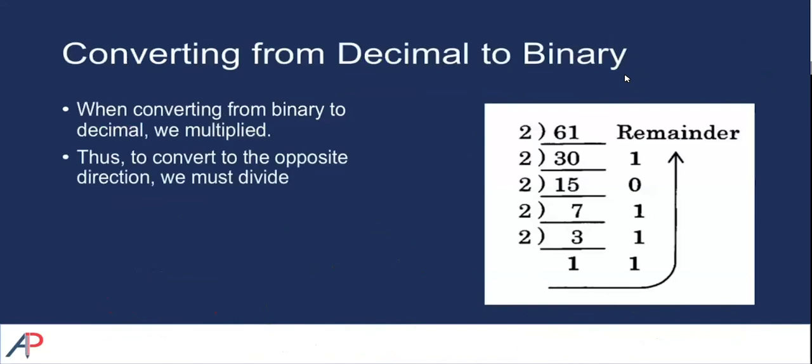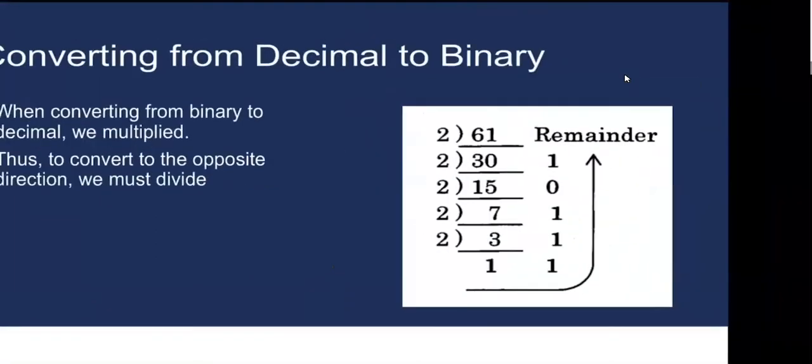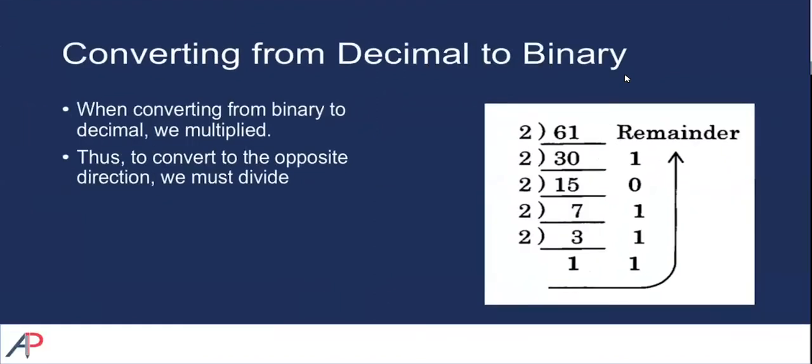When you want to convert from decimal to binary, you want to divide, and you are most interested in the remainder. In this example, we are converting from 61, a decimal number, to binary. You start with 61 here.